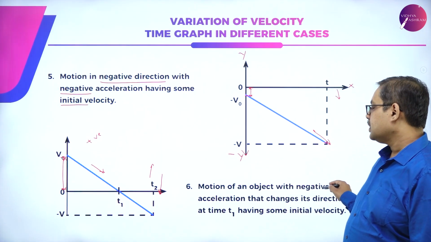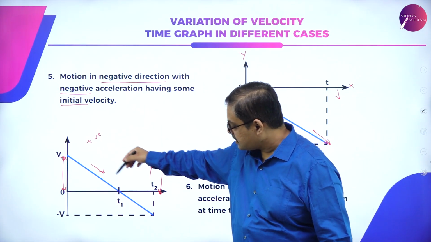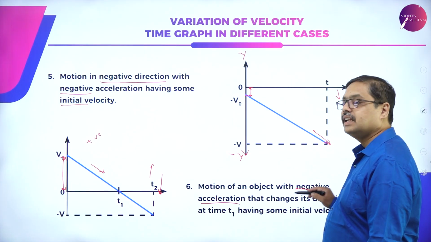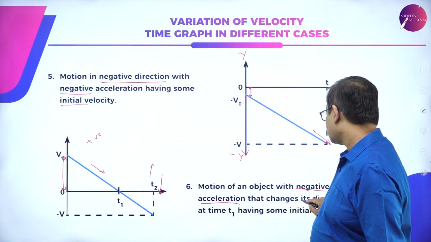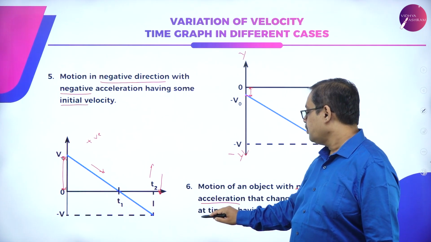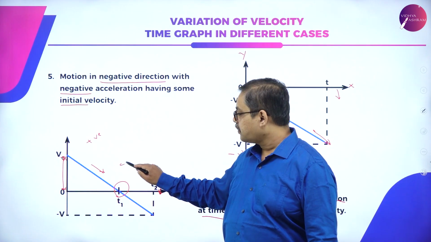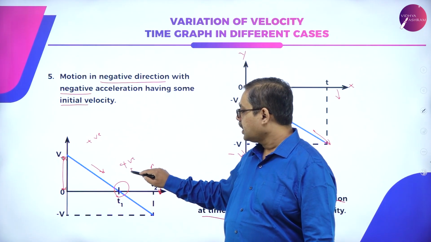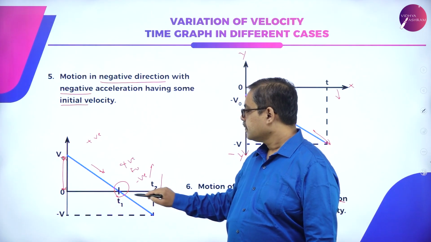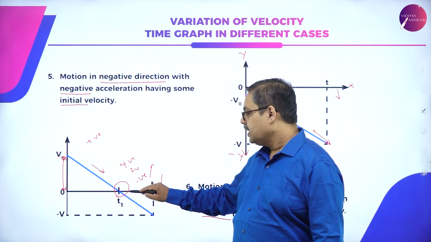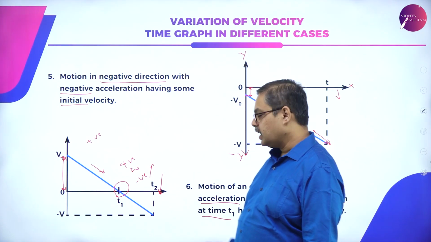Motion of an object with negative acceleration. Acceleration is negative, pointing downwards. Negative acceleration changes its direction at time t1. See, at time t1, it changes its direction from positive to negative. It was positive up till time t1, but after time t1, it changed its direction to negative.